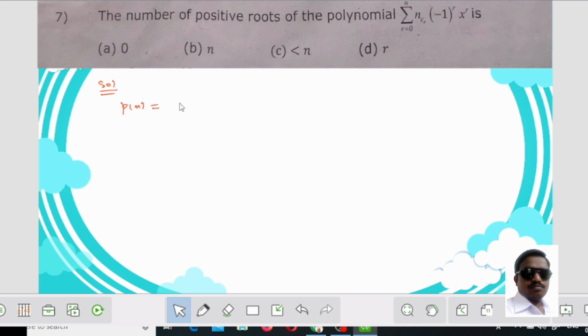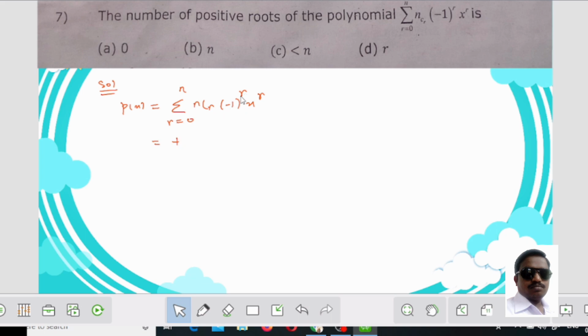P of x equal to summation r equal to 0 to n nCr minus 1 power r x power r. From r equal to 0 to r equal to n, there will be n plus 1 terms in this expression. When r equal to 0, minus 1 power 0, the first term will be plus.